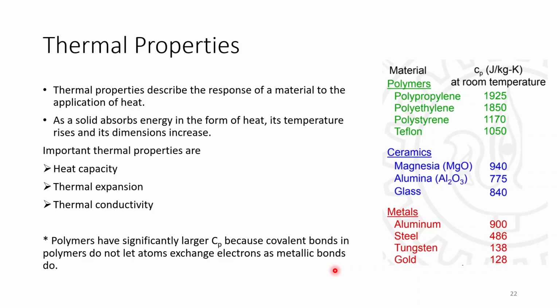Polymers have significantly large Cp because covalent bonds in polymers do not let atoms exchange electrons as metallic bonds do. Here we can see Cp values are higher for polymers: 900, 1900, 1800 and so on. In the case of ceramics you have lower Cp values, and metals are somewhat similar to ceramics.